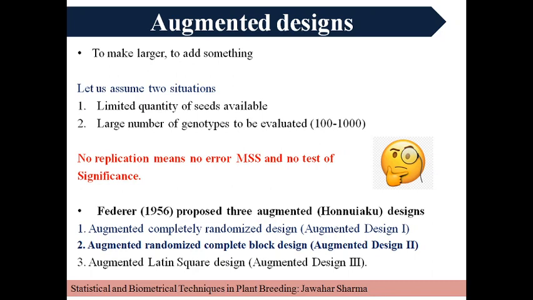Among these two, the second one, augmented randomized complete block design, is generally used day to day. All this information and the statistical analysis step by step is available in Statistical and Biometrical Techniques in Plant Breeding by Jawahar Sharma. For more information, you can go to this book and read further.